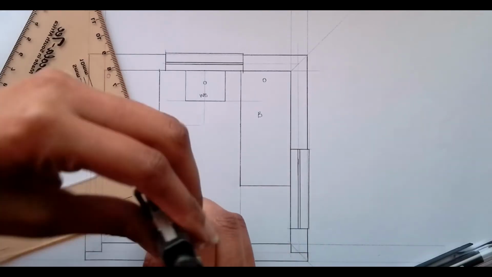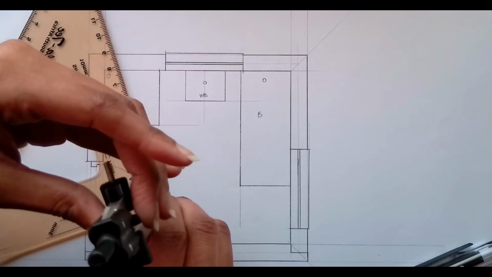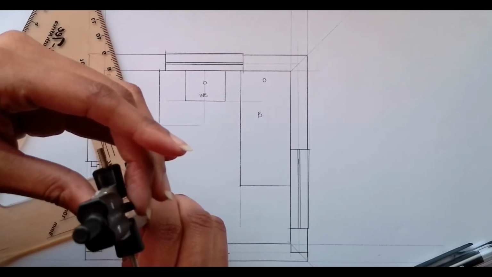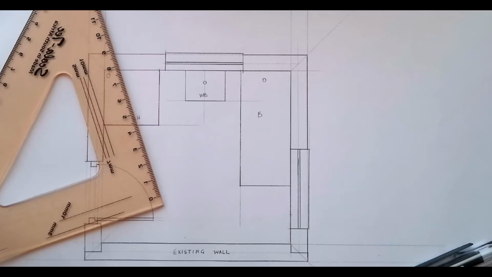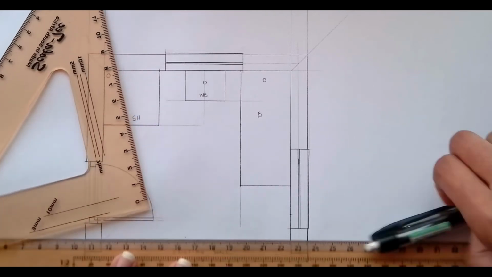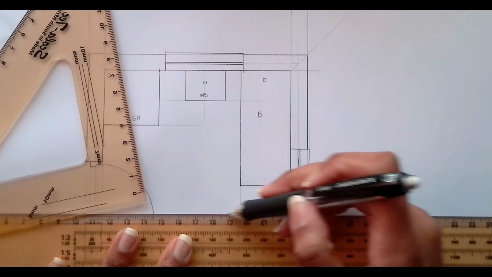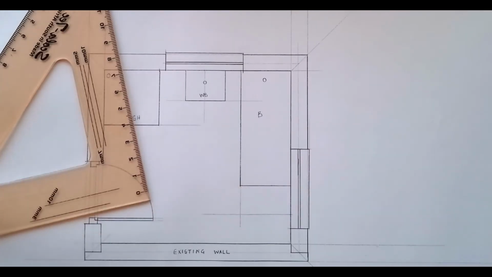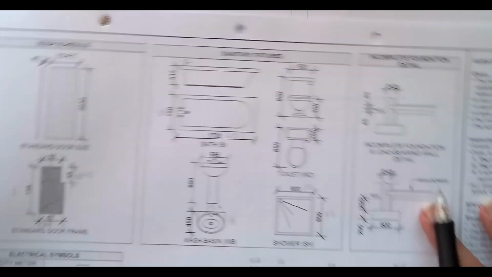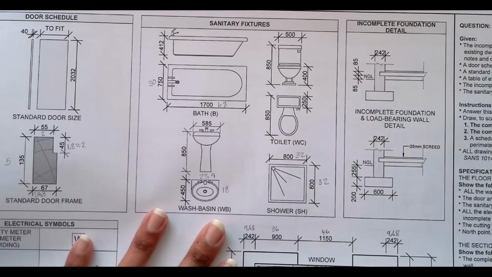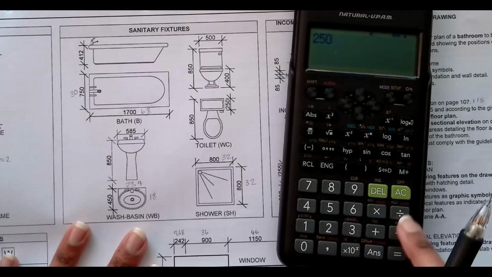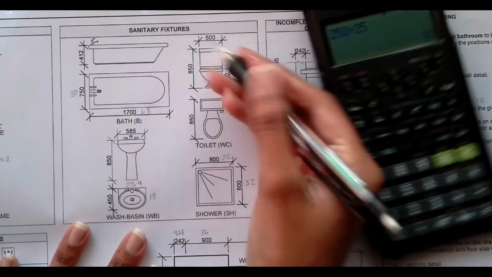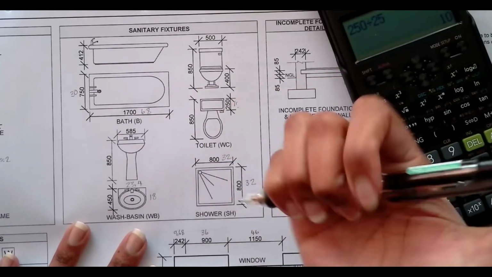So from this point, you mark your 16,5. That's the center that we are going to be using for our toilet, our water closet. And we are drawing the top view. So 250 divided by 25, that is 10.